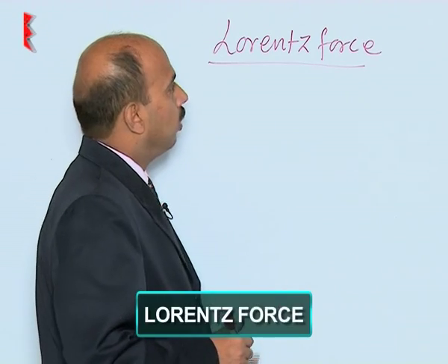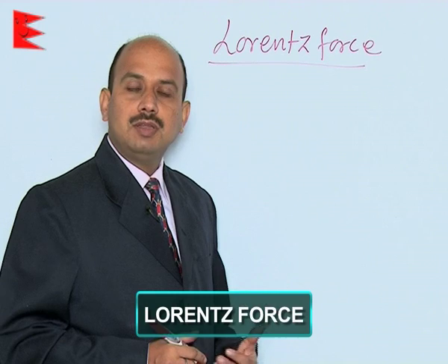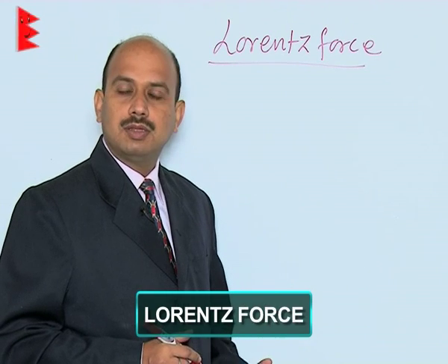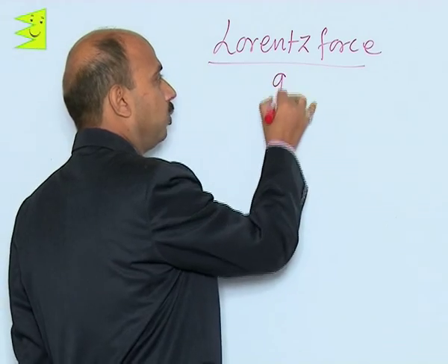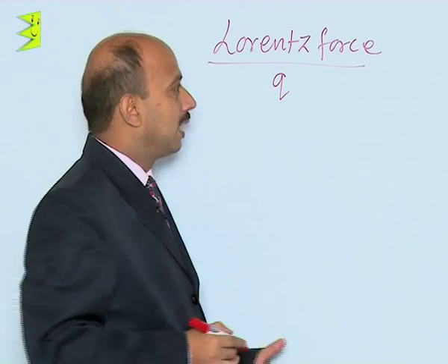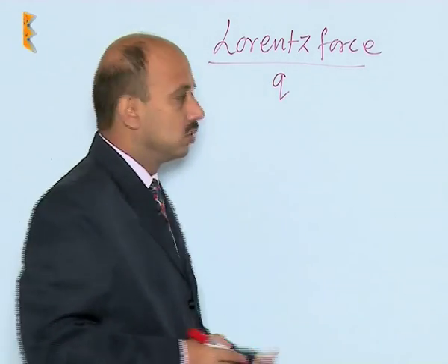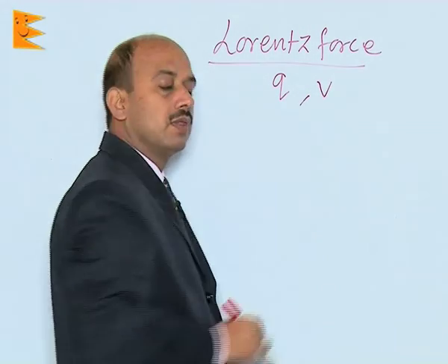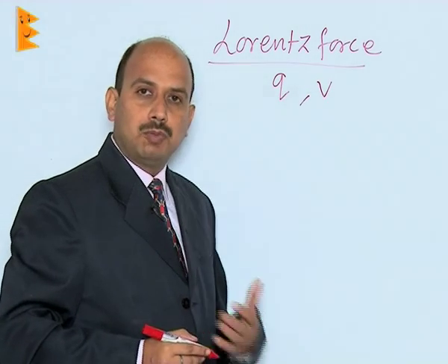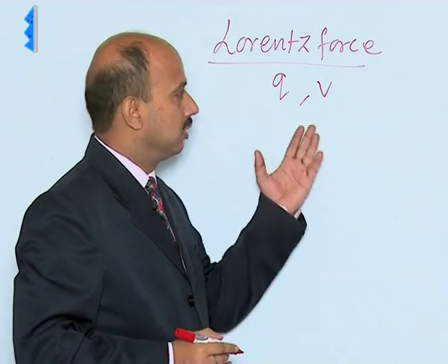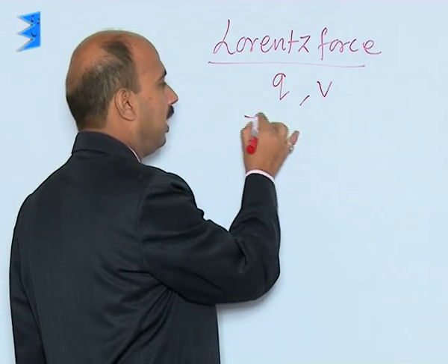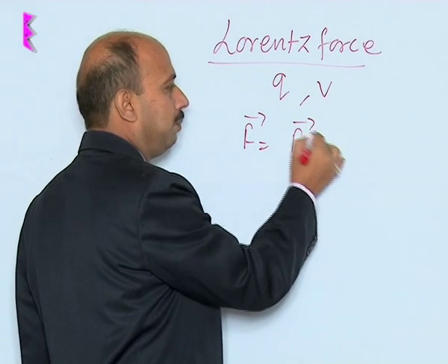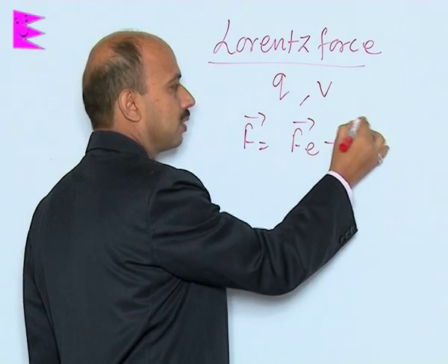Now see here, Lorentz force. We have seen the magnetic force acting on the charged particle. Now, when a charged particle having charge q moves in a magnetic field and an electric field both, with velocity v, the total force acting on the charged particle can be given as F equal to Fe plus Fm.